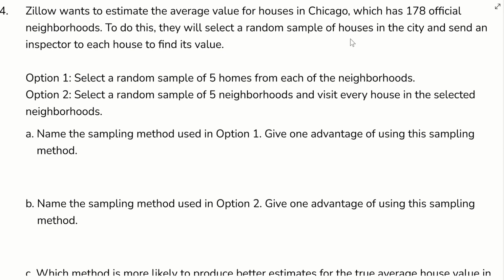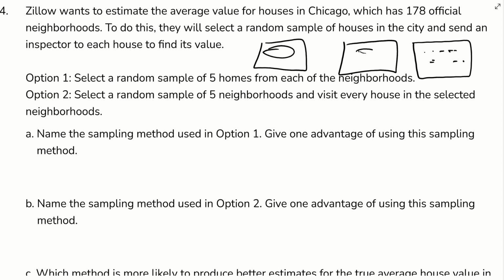Each neighborhood is a group, and then you have the homes within that. And so you're just randomly selecting 5 homes from each of the neighborhoods.